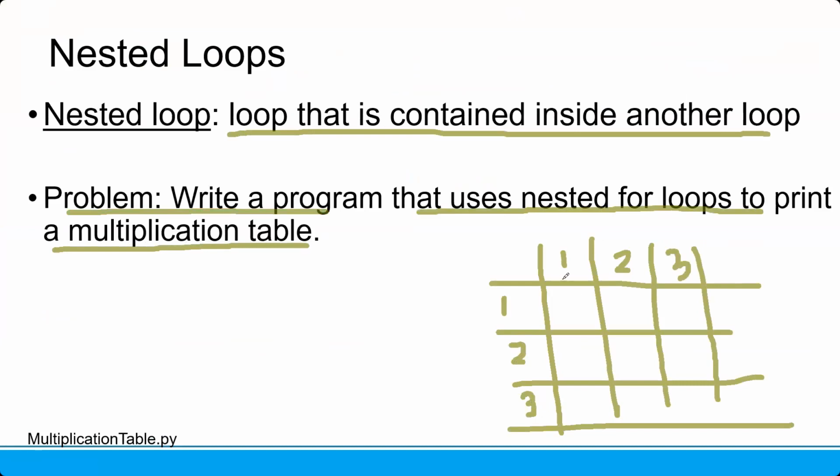So 1 multiplied by 1, it is 1. 1 multiplied by 2, it is 2. 1 multiplied by 3, it is 3. 2 multiplied by 1, it is 2. 2 multiplied by 2, it is 4. 2 multiplied by 3, it is 6, and so on. Okay. So how can we make this table?